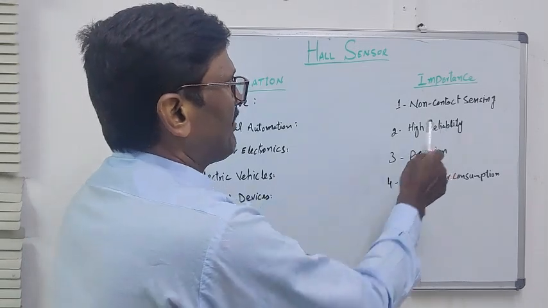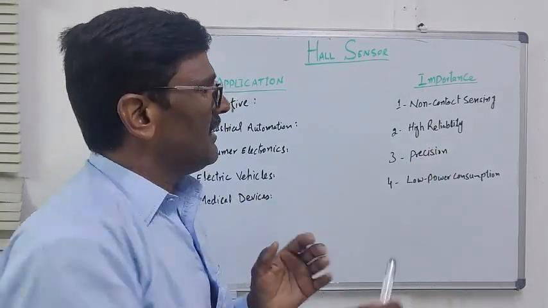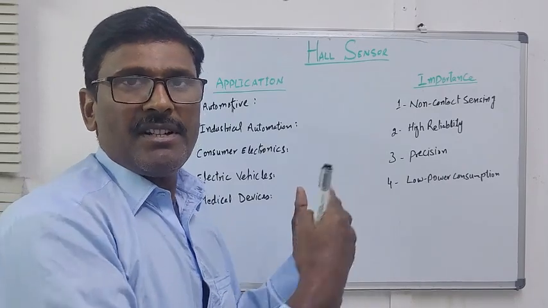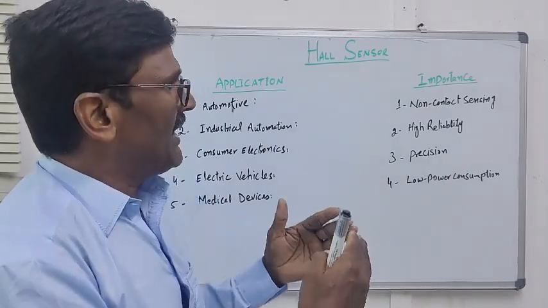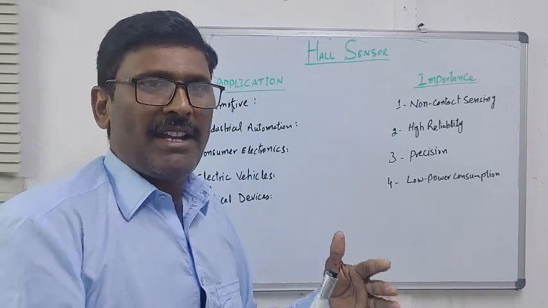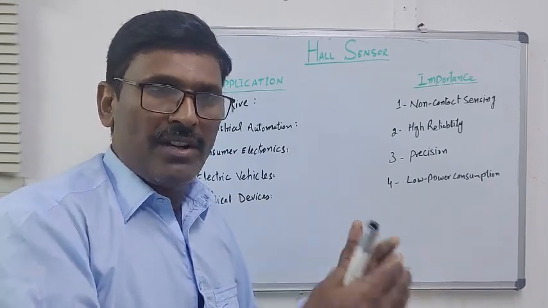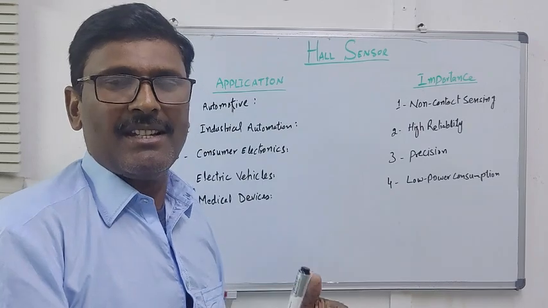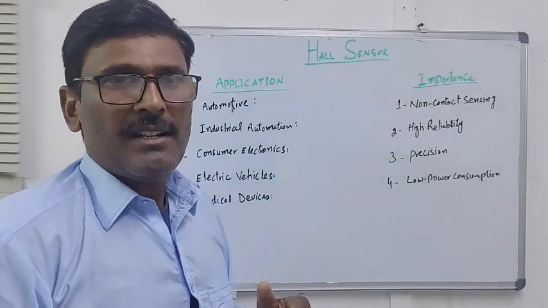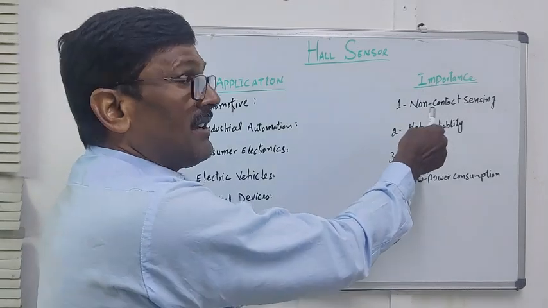The second is high reliability. It is a very robust device, therefore it is used in harsh environments, wherever it is very cold or very hot. So it is very reliable.